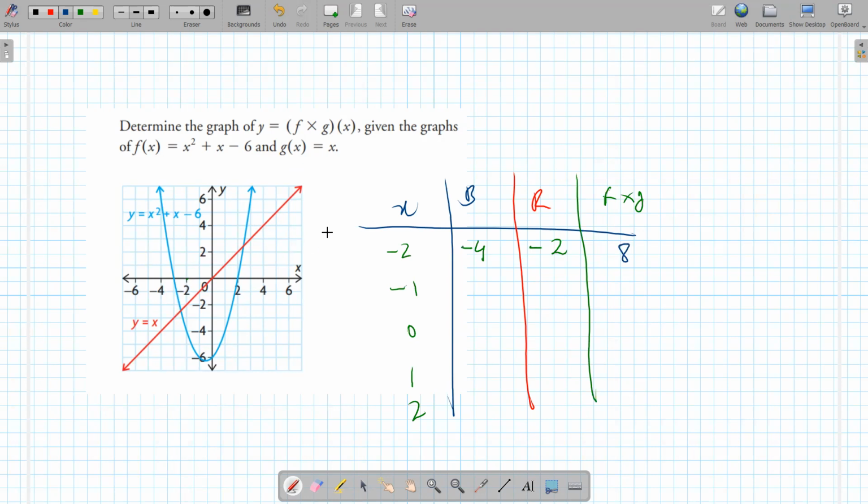So look at this, the combined function f times g, when x is -2, you get an 8, which is outside of the scale, but that's going to go all the way up here. At -1, you're going to do -1 times -6, so that'll be +6. At 0, you're going to do 0 times anything, that's going to be a 0.